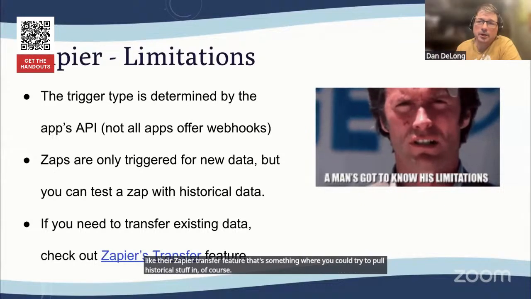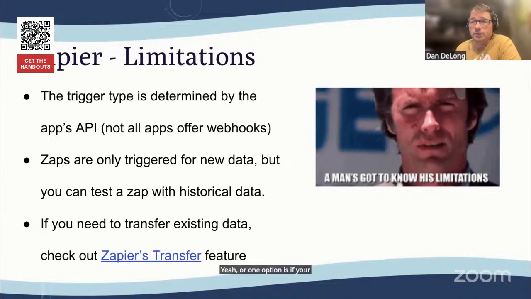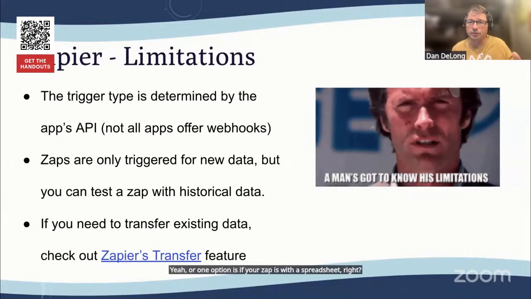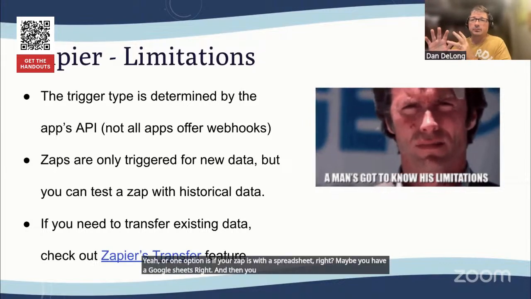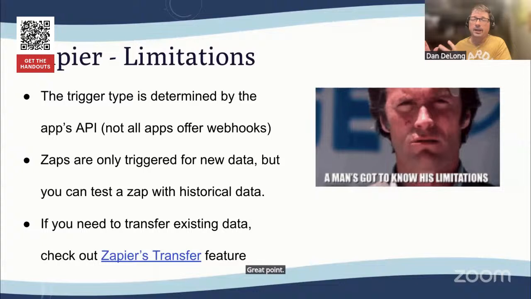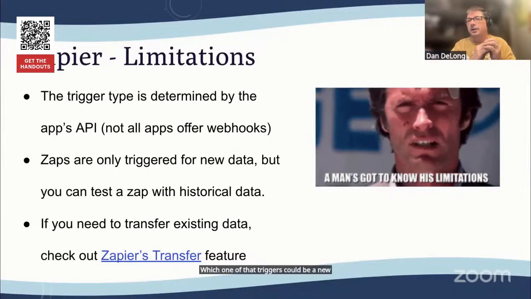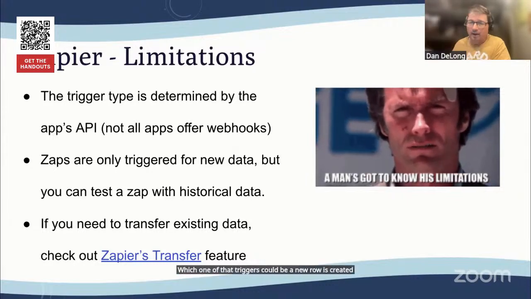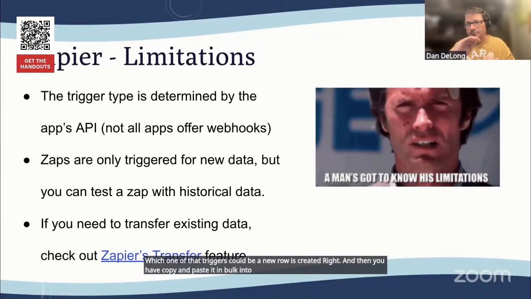Yeah, or one option is if your Zap is with a spreadsheet, like Google Sheets, and you export whatever it is that you're doing, you have it in the exact same format as a spreadsheet trigger, where one of the triggers could be a new row is created, and you then copy and paste it in bulk into that trigger. Then it's going to go line by line.